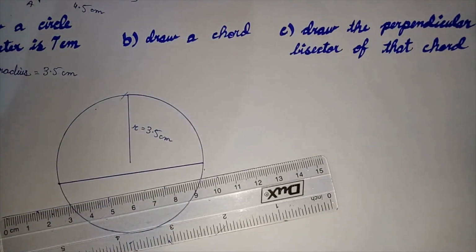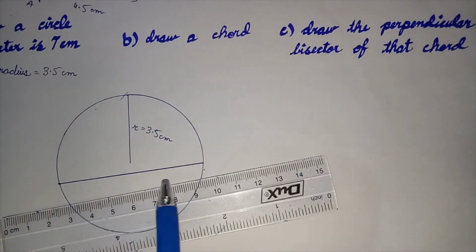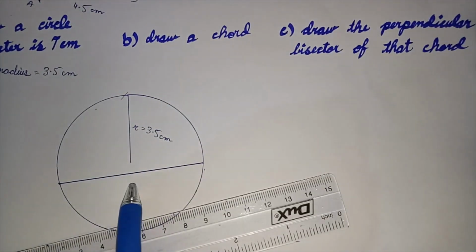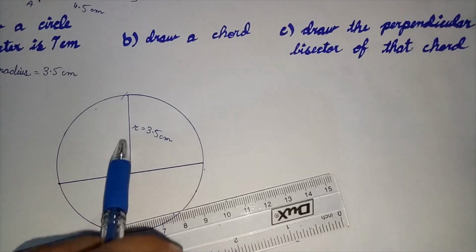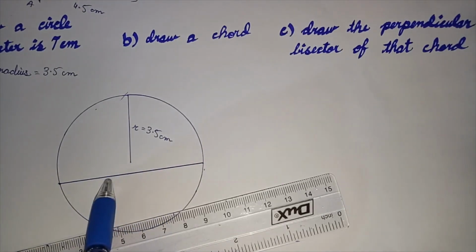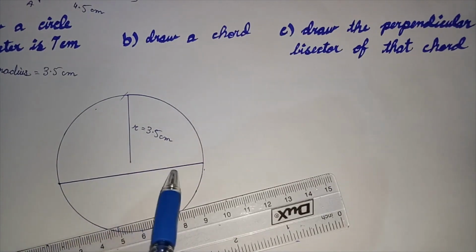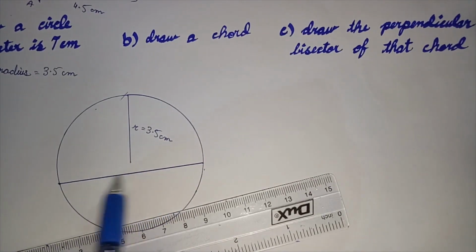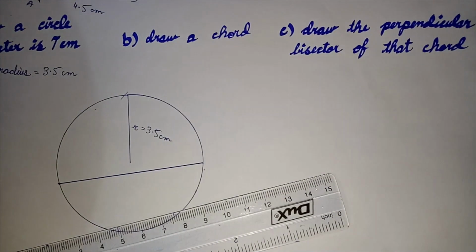It means the line will make an angle of 90 degrees with this chord. So let's see how we can draw a perpendicular bisector.